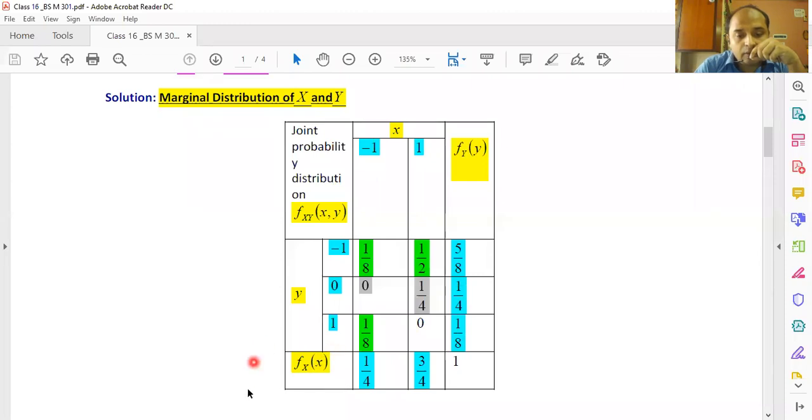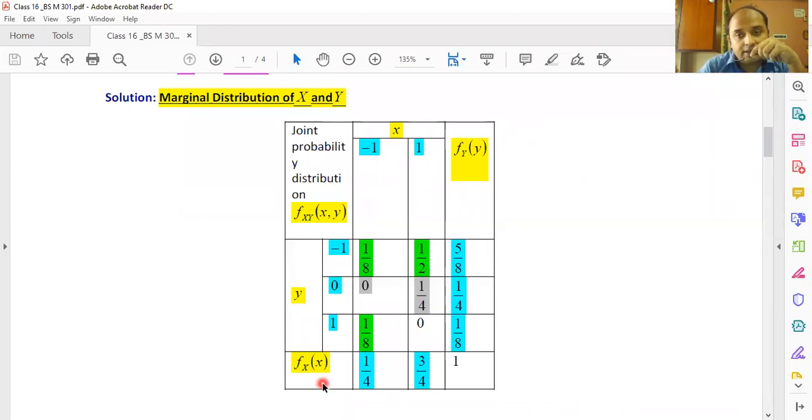Similarly, when we calculate the marginal probabilities of the random variable X, we take the sum of these joint probabilities corresponding to each column. When we are calculating the marginal probability when X equals -1, we are actually considering the joint probabilities for Y equals -1, Y equals 0 and Y equals 1.